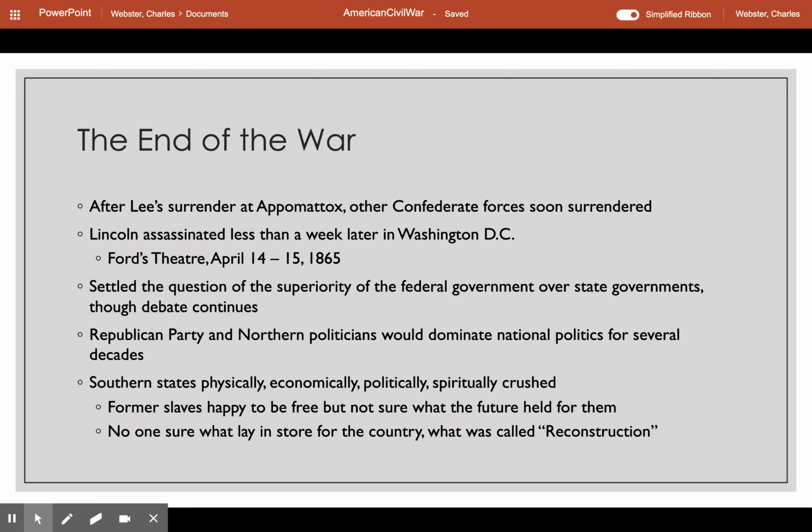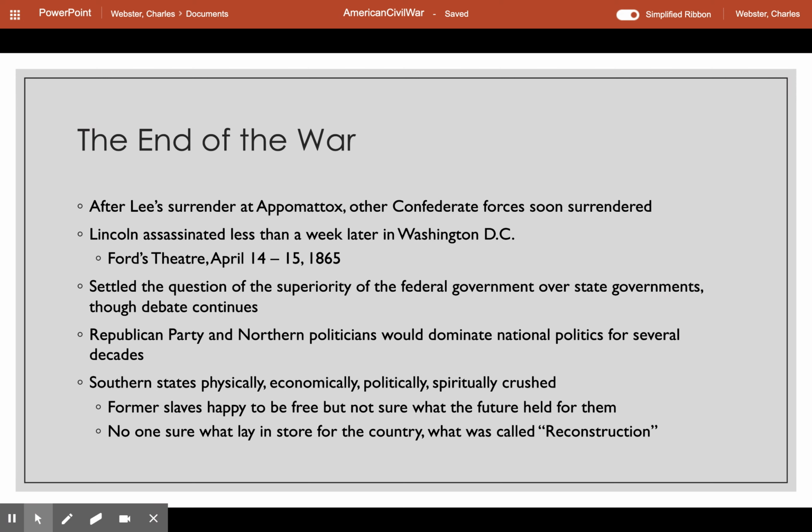So from 1860, when Lincoln was elected, there would not be a president from a southern state until 1912. Doing the math, that's almost 52 years later. So half a century later is finally when another southern president is elected, and that's a result of the Civil War.